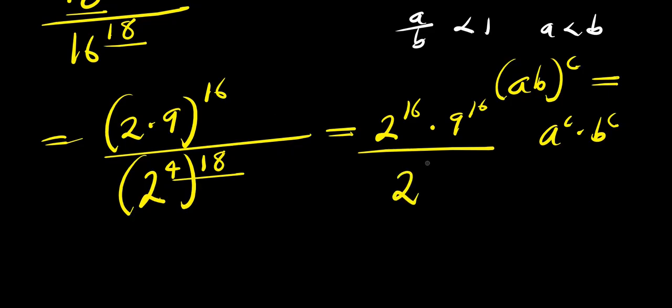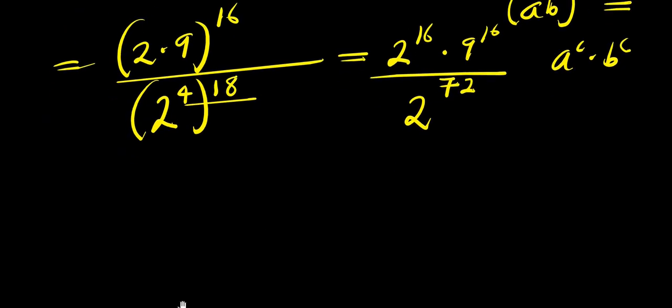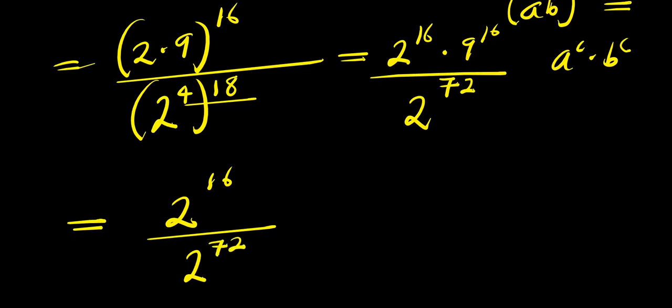So we have 2 power 72. From here, I'll simply have 2 power 16, and I can divide by the common denominator, 2 power 72, times 9 power 16. Have you seen that?